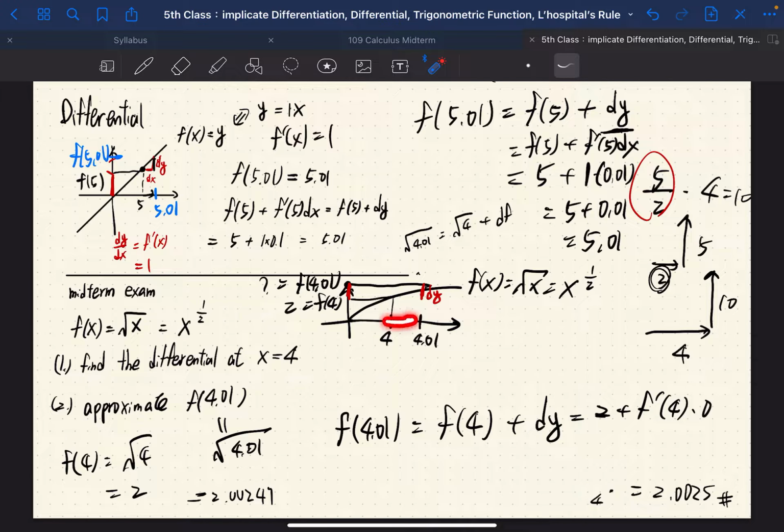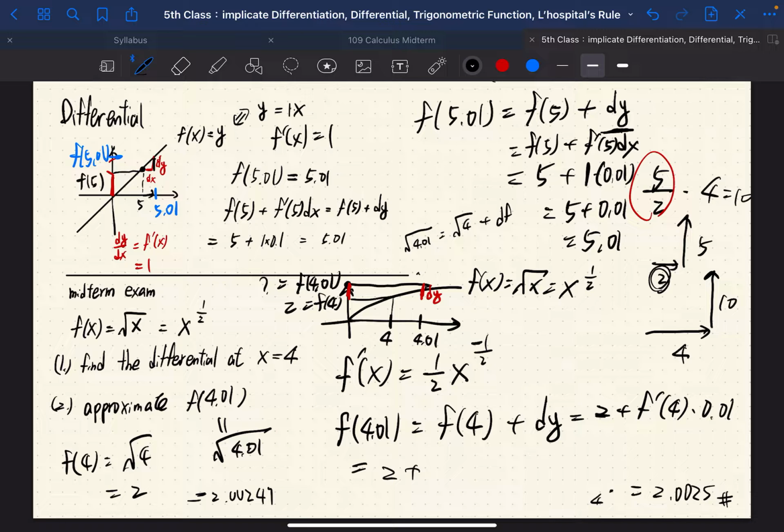What is the distance? 0.01. Okay, so what is the derivative of this? You put down 1 divided by 2 and then minus 1. Okay, so we plug in 4.